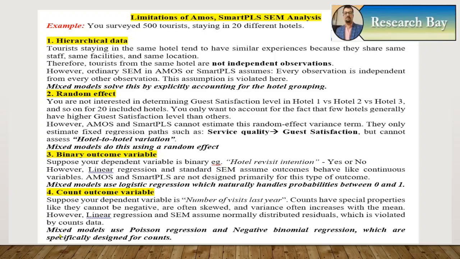So herein, mixed models use Poisson regression and negative binomial regression, which are specifically designed for count-based outcome variables. So these are the four reasons, or you can say four limitations of AMOS and Smart PLS, CBSEM and VBSEM, that we need to consider the importance of and use these univariate and multivariate models.